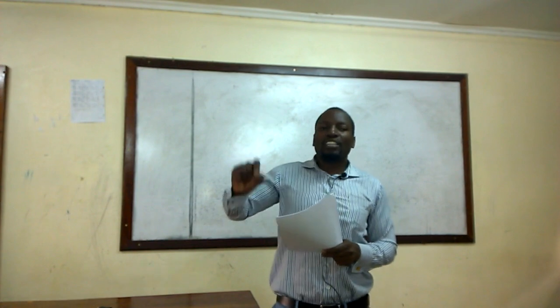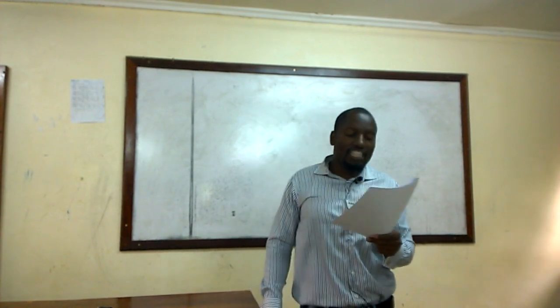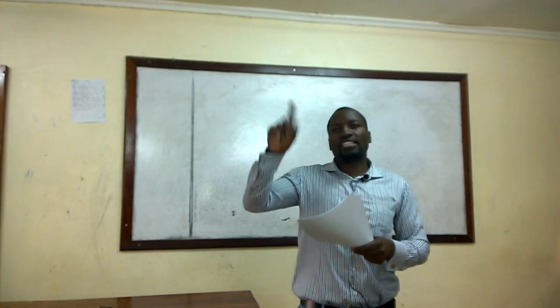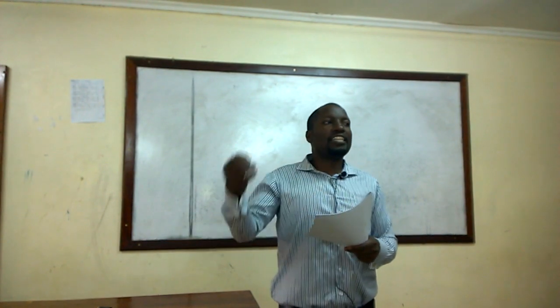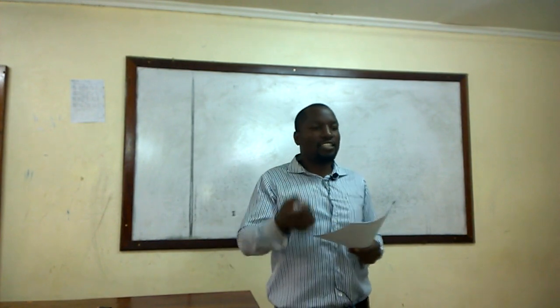If you are talking about the red color, use which letter? Use R. So let the capital letter represent the dominant gene, and the small letter represent the what? The recessive gene.